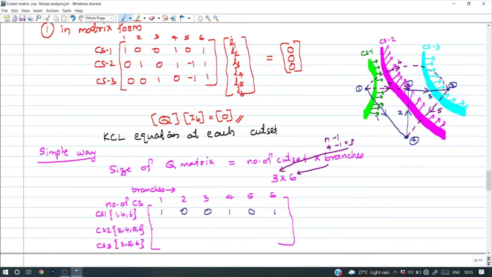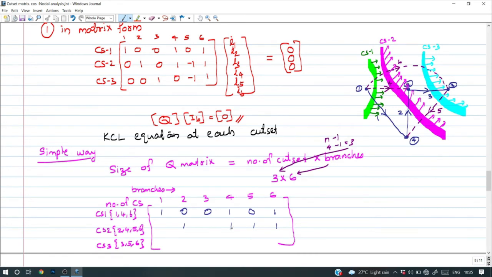And when we are considering cut set 2, corresponding to 2 we put 1, corresponding to 4 we put 1, corresponding to 5 we put 1, corresponding to the 6th branch we put 1. Now we need to check the orientation based on cut set 2. The orientations of I6, I4, I2 are the same as the orientation of cut set 2.